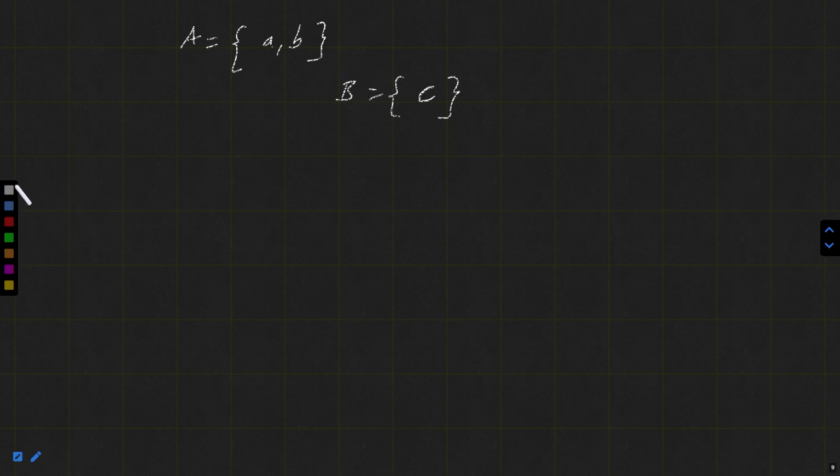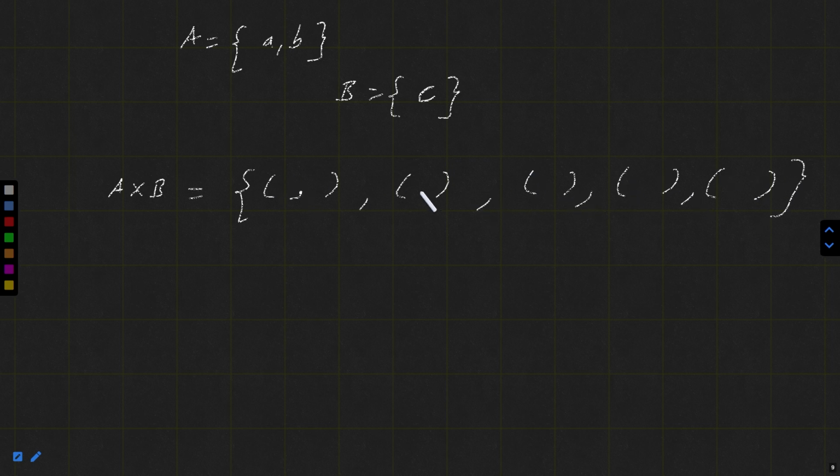Now A cross B, the Cartesian product, will be the collection of all pairs where the first element comes from set A. So A can pair with C, and B can pair with C. These are the only possible elements of this set.